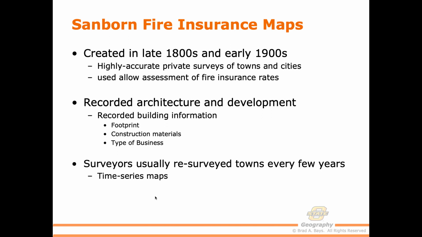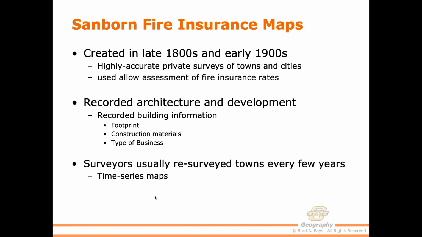And basically, these maps were created in a systematic fashion across the United States. So most every town in the United States has a set of Sanborn maps, color maps, hand-drawn, very information-rich source.